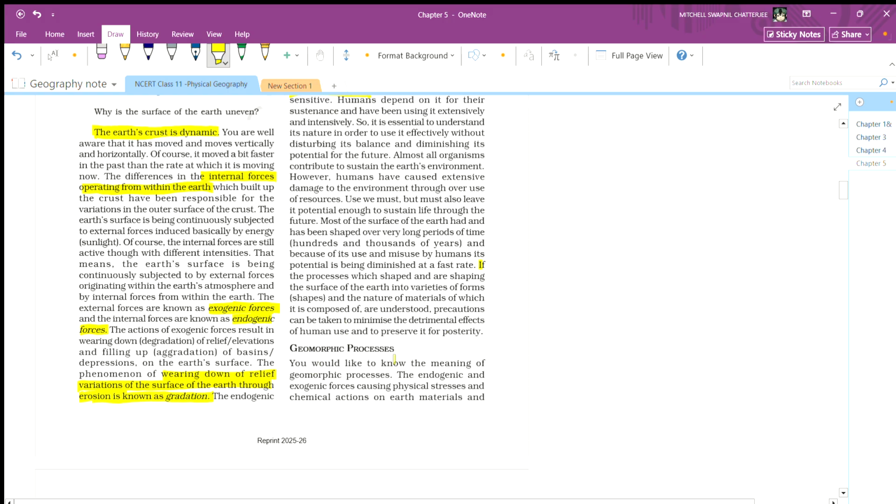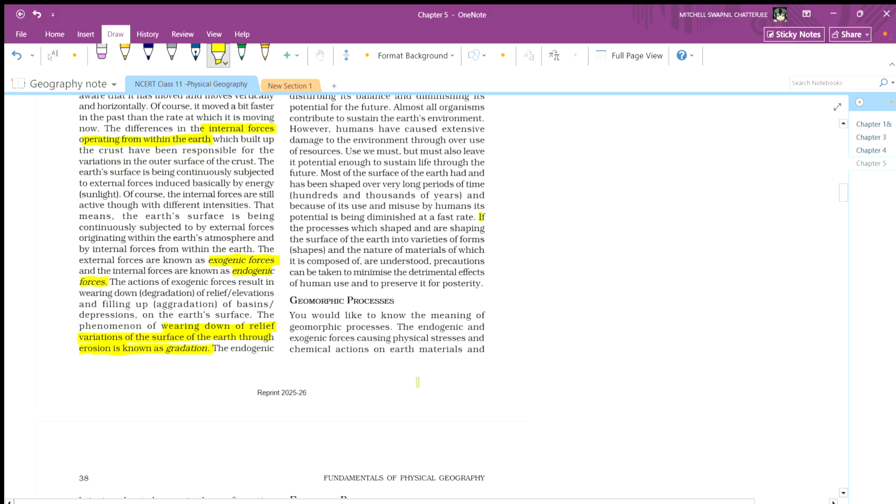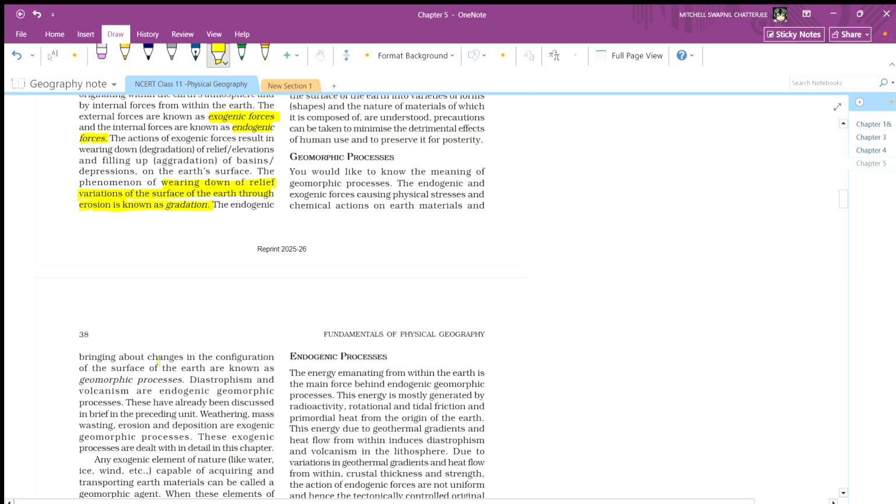Geomorphic processes. Would you like to know the meaning of geomorphic processes? The endogenic and exogenic forces causing physical stress and chemical action on the earth material and bringing about changes in the configuration of the surface of the earth are known as geomorphic processes.